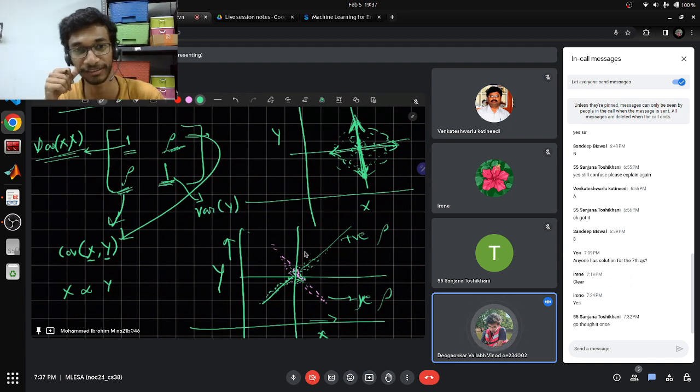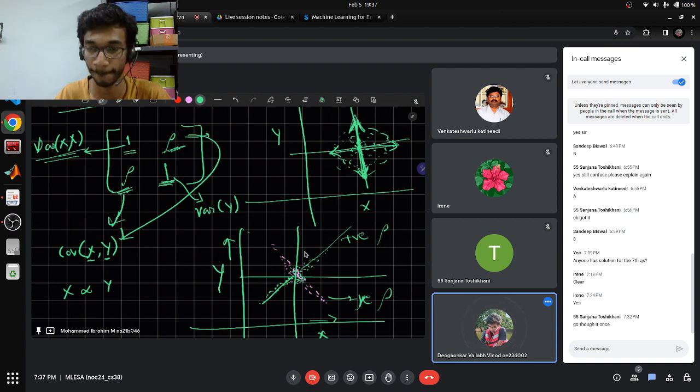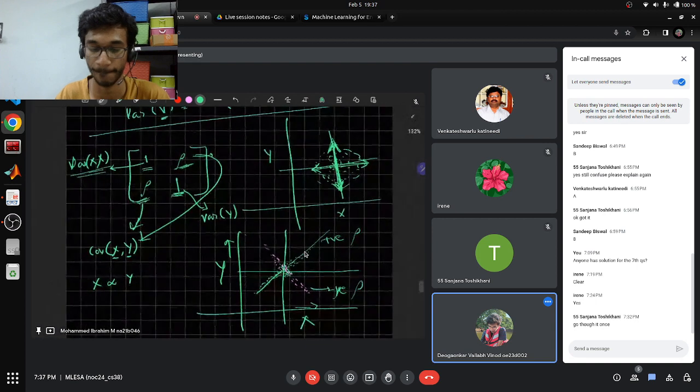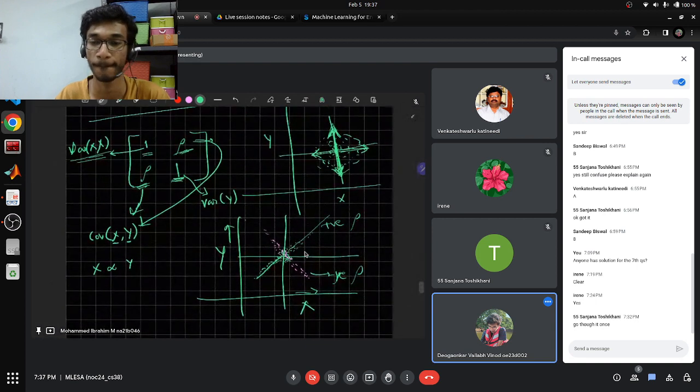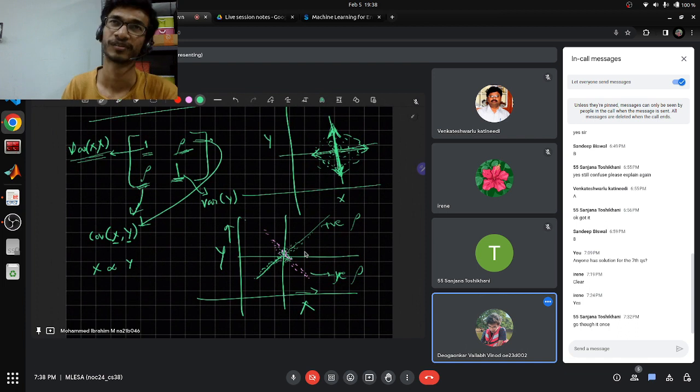Was this part clear? Should I repeat something here? These concepts will be quite important when you look into any type of Bayesian analysis.